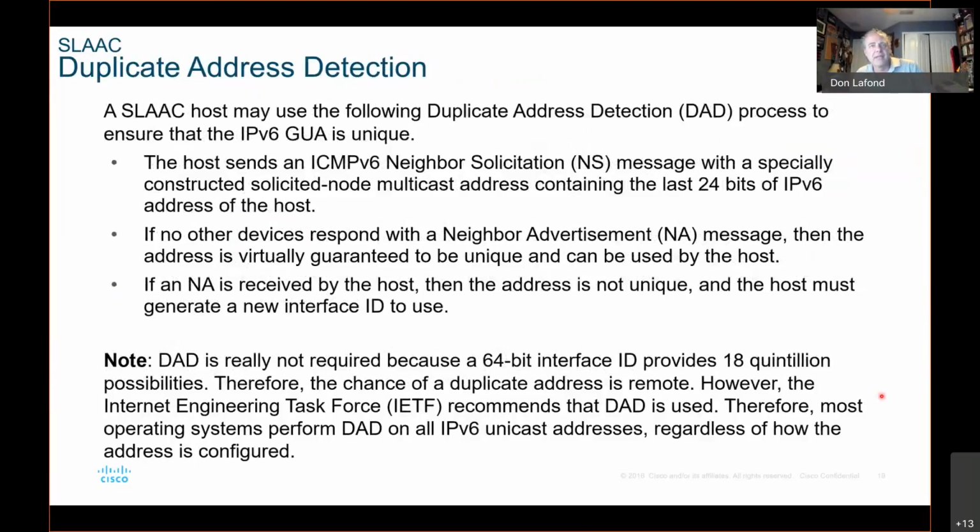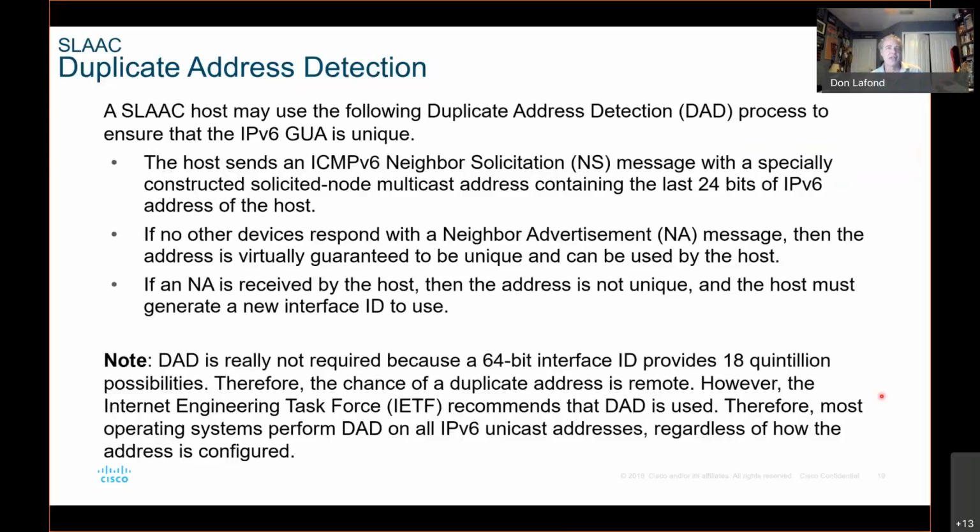A SLAAC host may use the following duplicate address detection process to ensure that the IPv6 global unicast address is unique. Once it's created, the host sends an ICMPv6 neighbor solicitation message with a specially constructed solicited-node multicast address containing the last 24 bits of the IPv6 address.